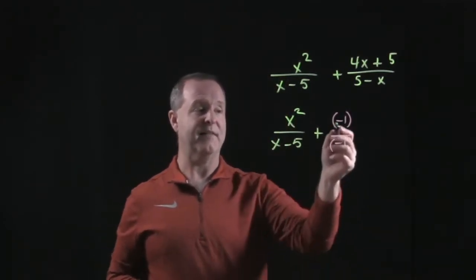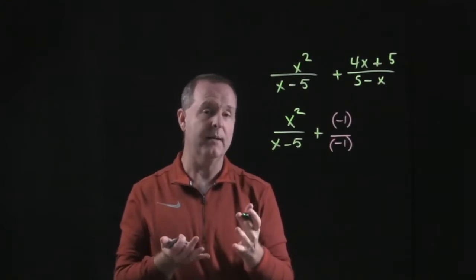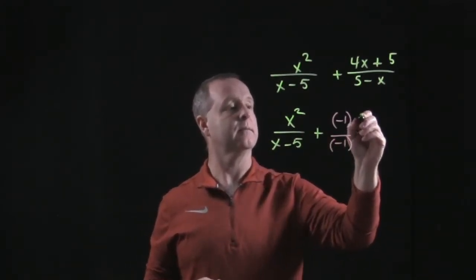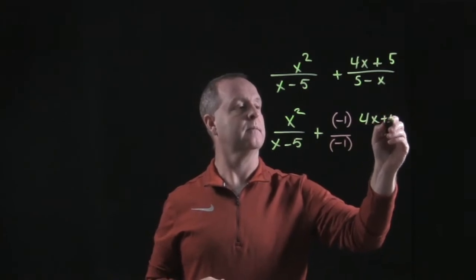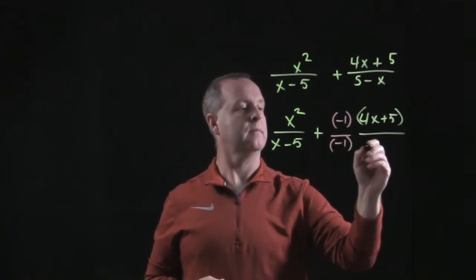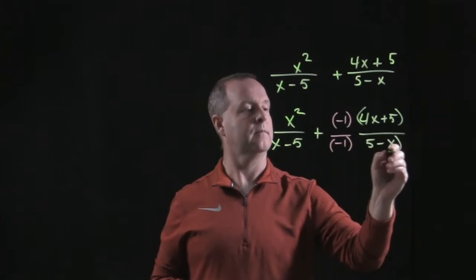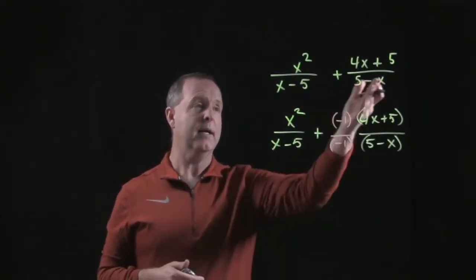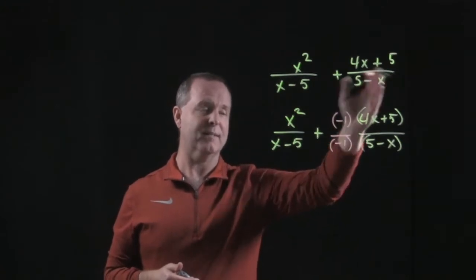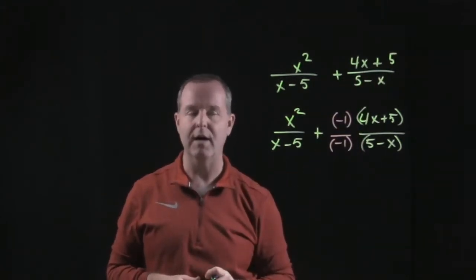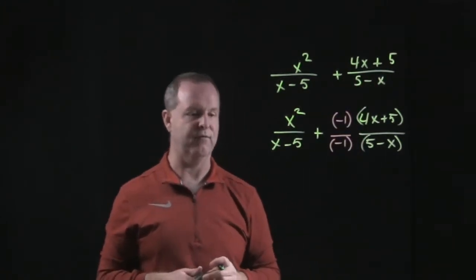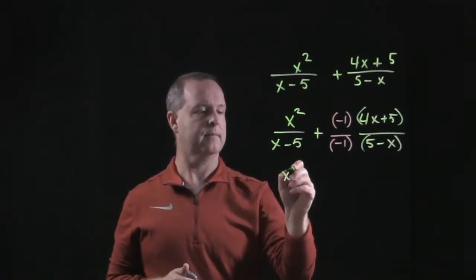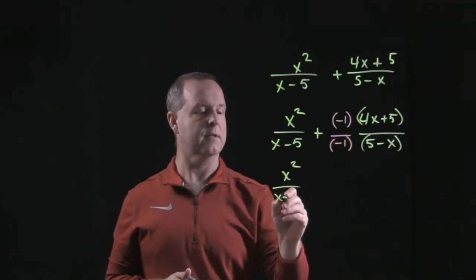Now we know that that is itself 1, and 1 multiplied by any expression leaves that expression unchanged. So those two expressions are exactly the same value. The only difference is the second one's multiplied by a clever version of 1, which again doesn't change its value at all. So let's multiply this through, see where this goes.